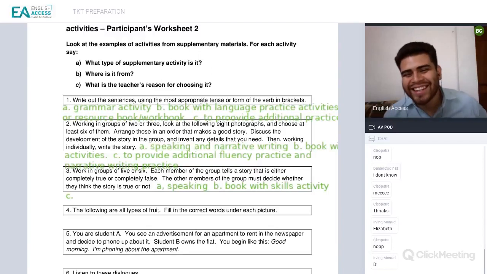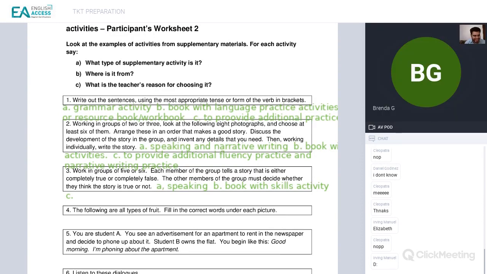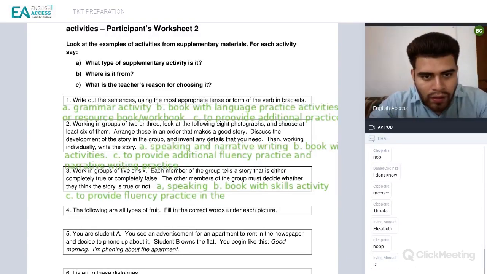About speaking. Well, to get extra practice about fluency. Yes, speaking, exactly. To provide fluency practice in the form of a game.